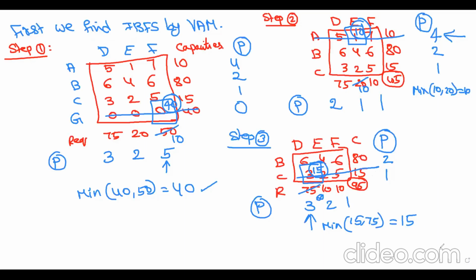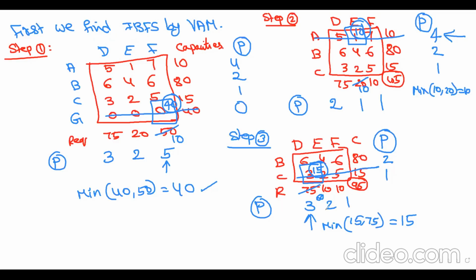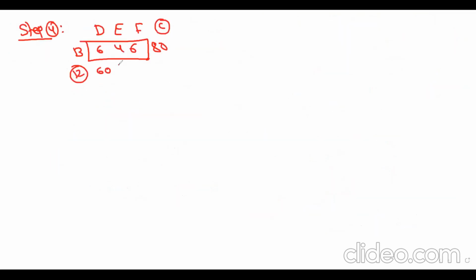What are the values here? 6, 4, 6, and 80. The capacity is 80. And requirements we have here as 60, 10, 10. Now again I have to give the penalties.